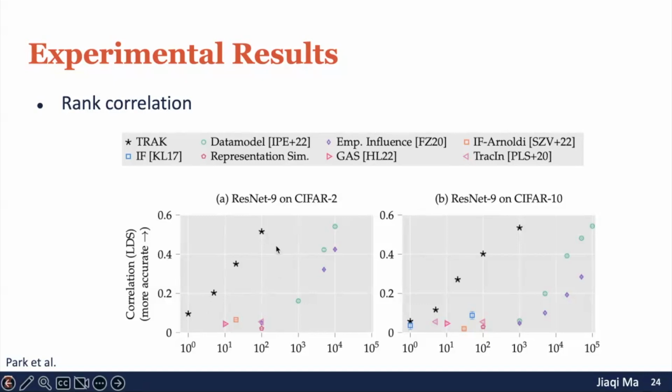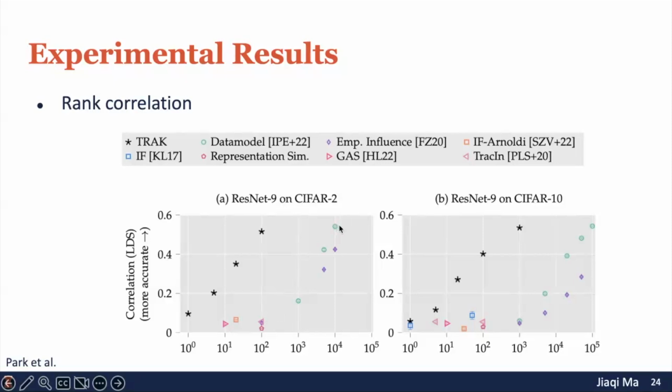But what people find is that when doing this ensemble, we just need tens or hundreds of models in the ensemble to get performance as high as linear data models trained from tens of thousands of models.